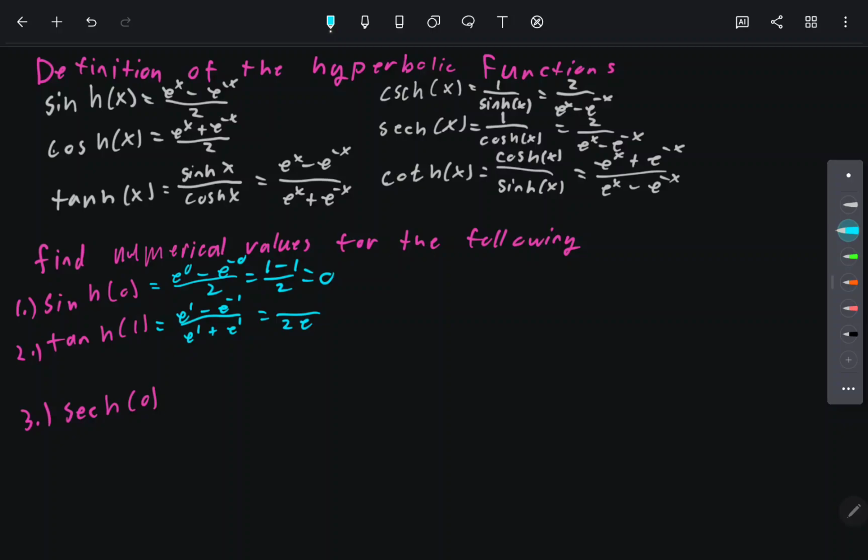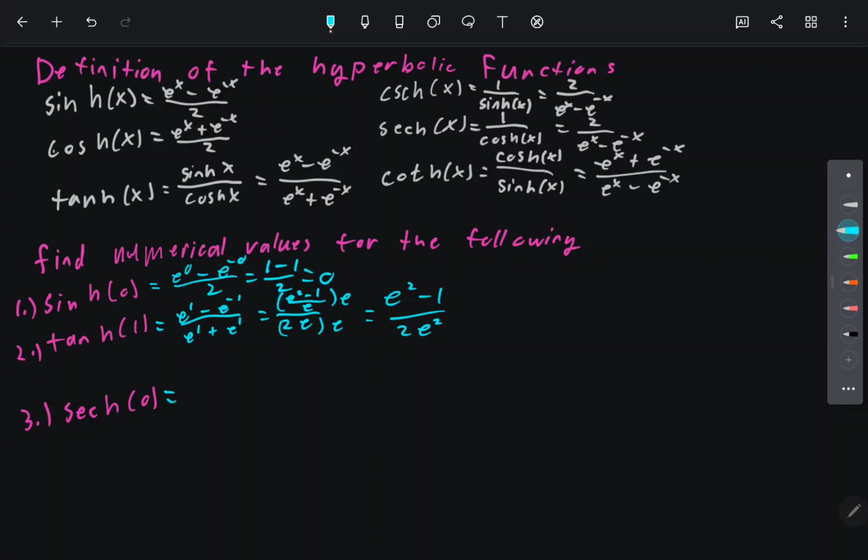In the numerator, what we get is e minus 1 over e. Let's multiply the denominator and the numerator by e. So what we get is e squared minus 1 all over e squared plus 1 for our answer. Alright.